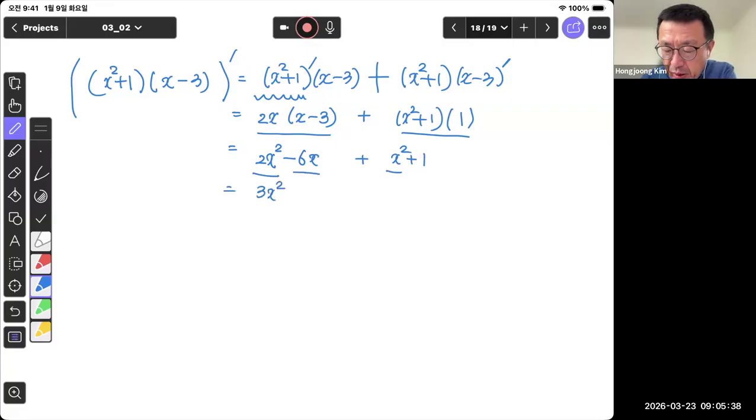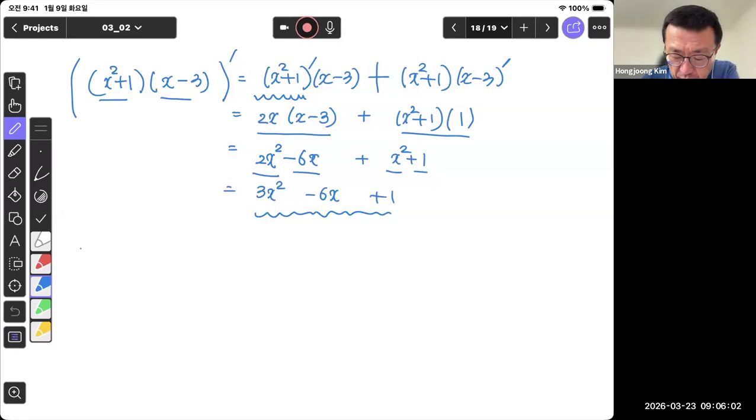And then you have negative 6x. And then you have a 1. So this 3x squared minus 6x plus 1 will be the derivative of this product. Okay. So if I have a product of two functions, you need to differentiate one by one.